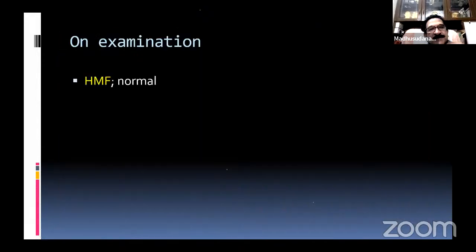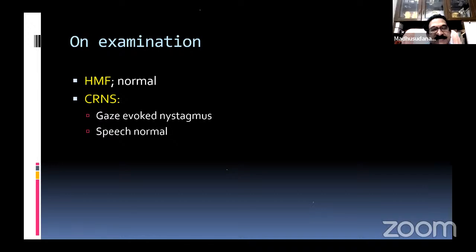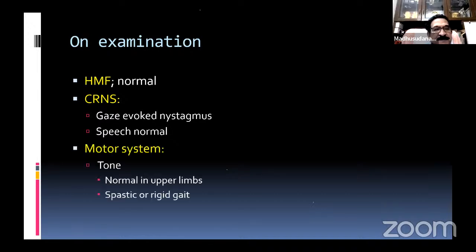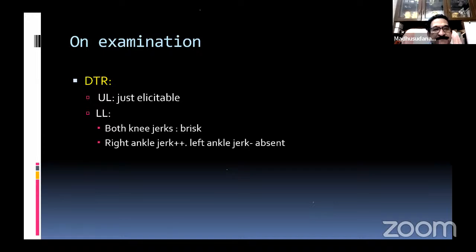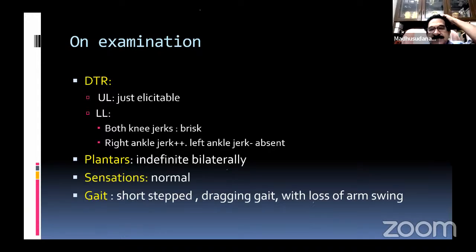On examination, higher mental function normal, cranial nerves, gaze-evoked nystagmus, speech normal, motor system tone normal in the upper limb, spastic or rigid gait, upper limb DTR just elicitable, lower limb both knee jerks are brisk, ankle jerk absent, plantar indefinite bilaterally, sensations normal, gait short step dragging feet with loss of arm swing.